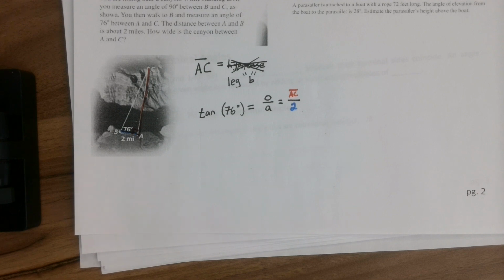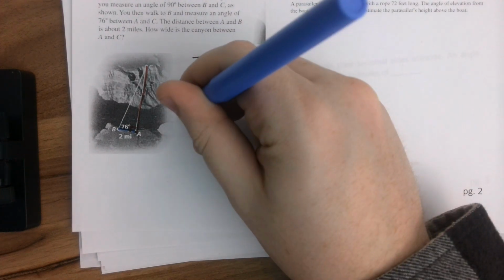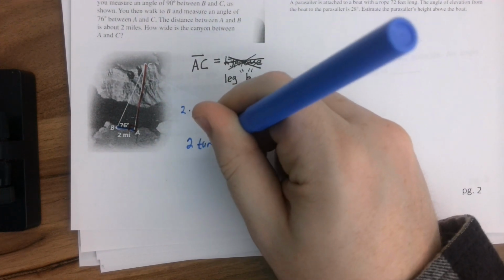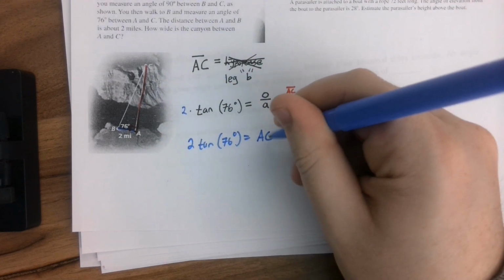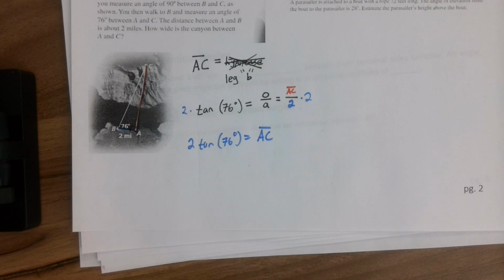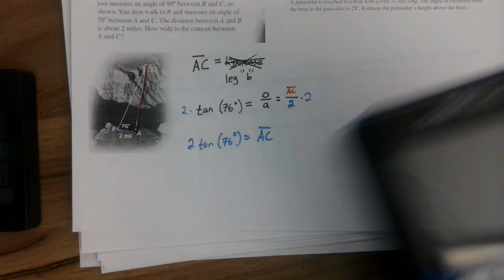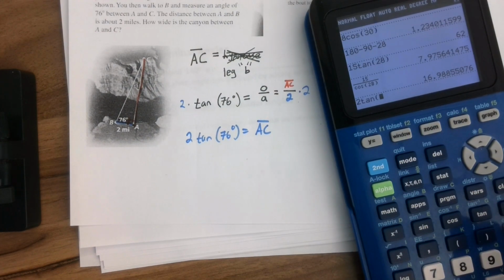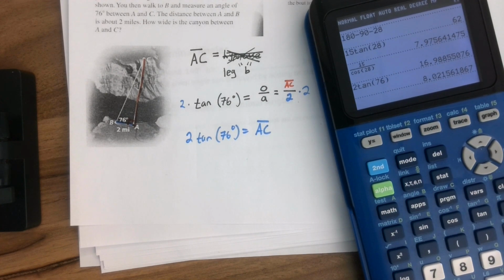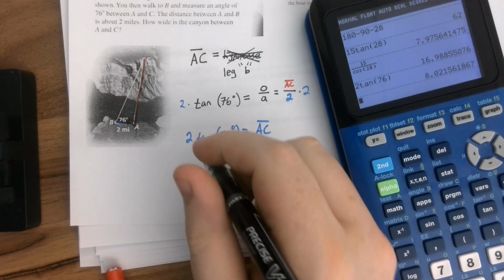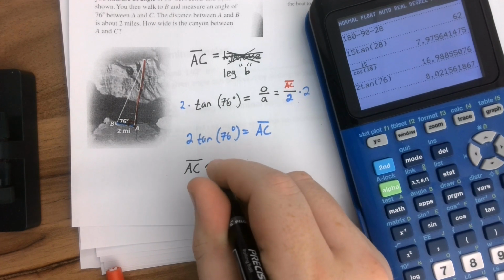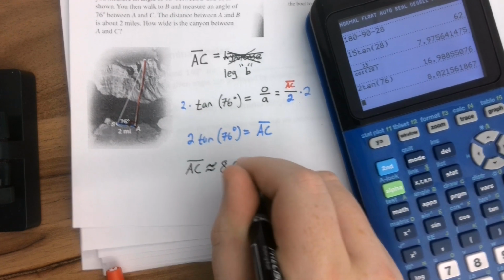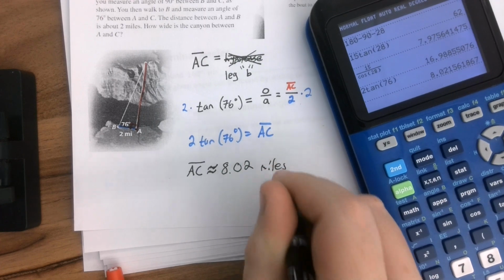To solve this, we could just multiply by 2 on both sides to get 2 times the tangent of 76 degrees equals that line segment AC, the length of it. And if I do this on my calculator, 2 times the tangent of 76 degrees is 8.02. So the canyon, in other words AC, is around 8.02 miles. Fantastic.